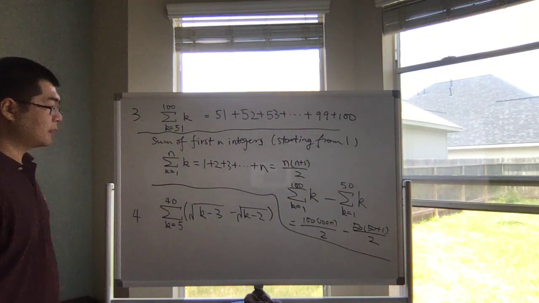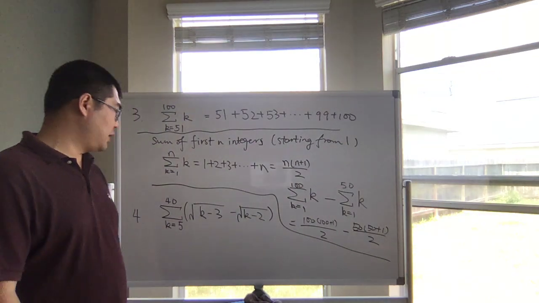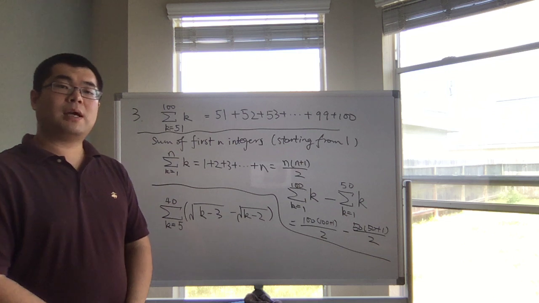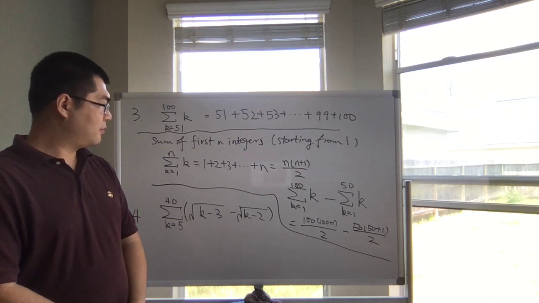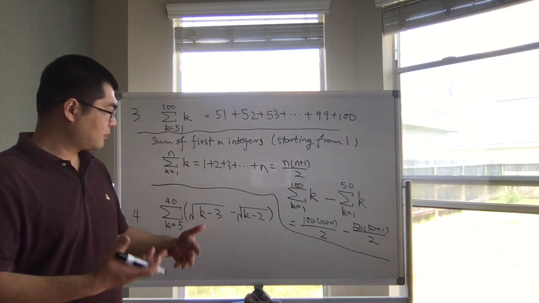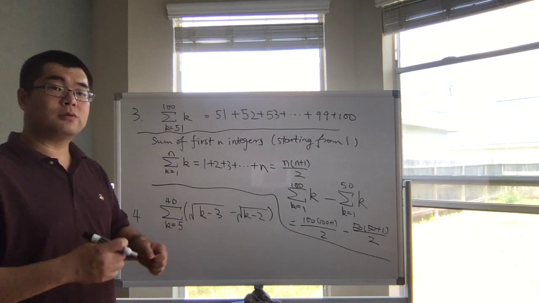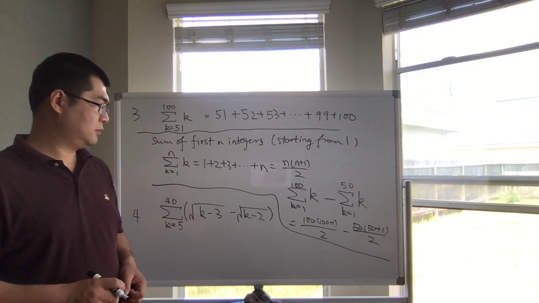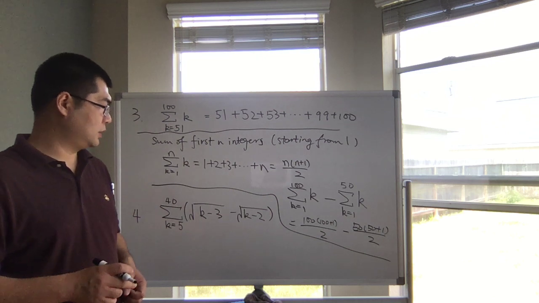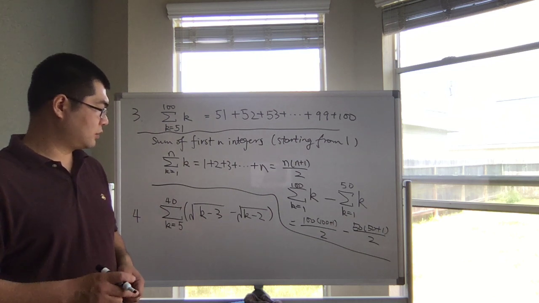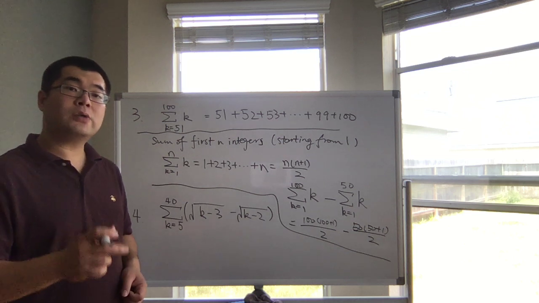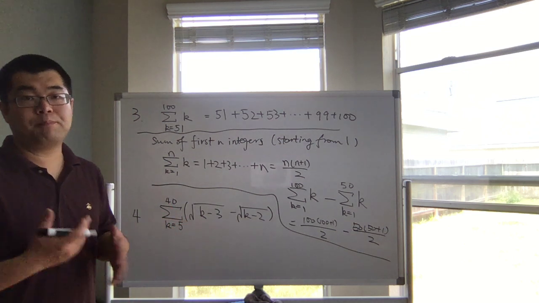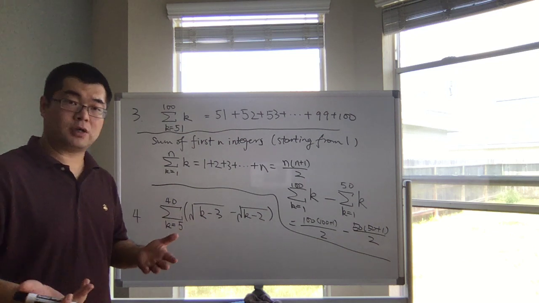For this problem, if we only look at it, it seems like there are no formulas to do the calculation. All we need to do is write down each term and see if there are some patterns we can make use of.